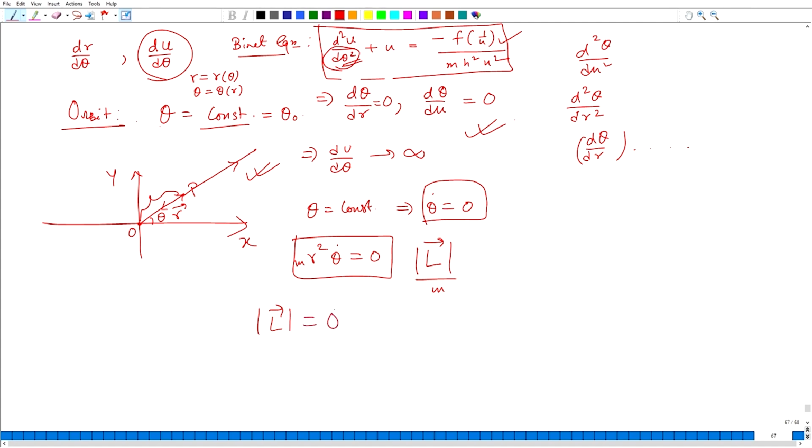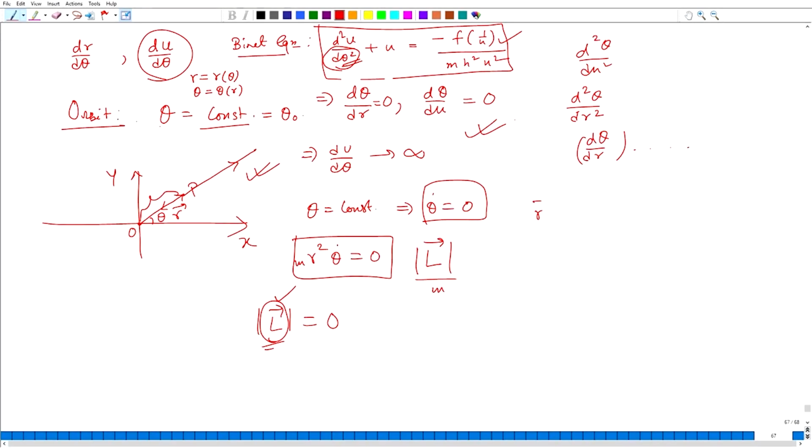Although L can have a direction, the L vector has 0 magnitude. It is a null vector.